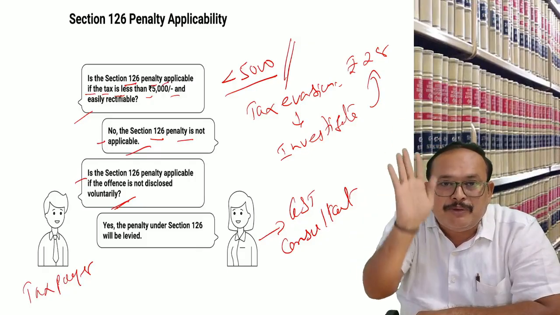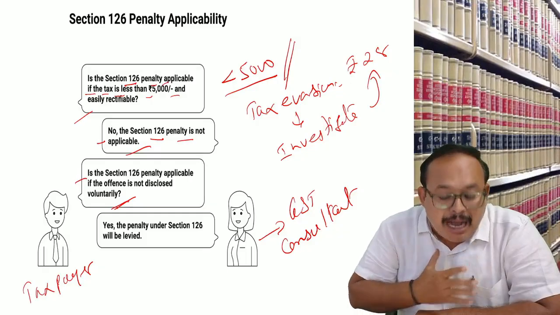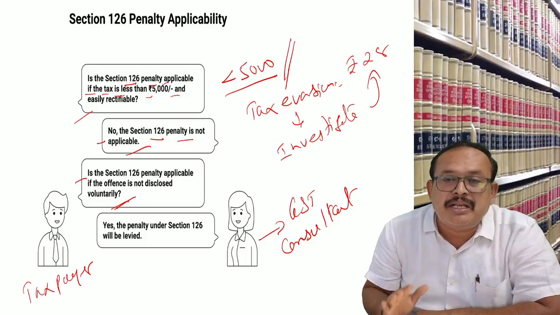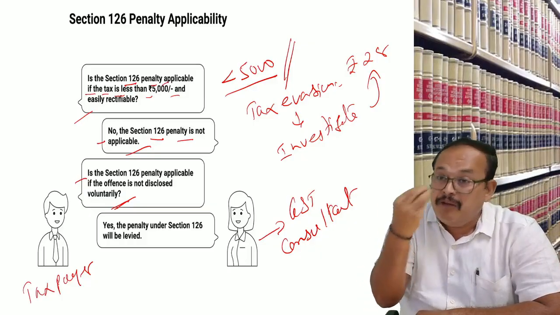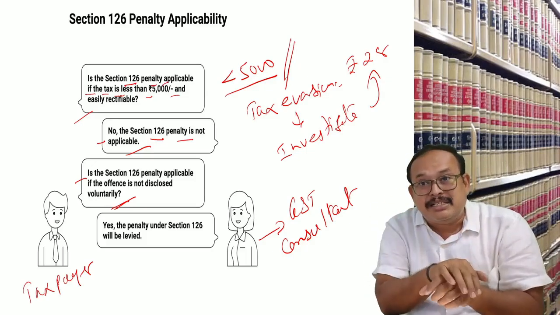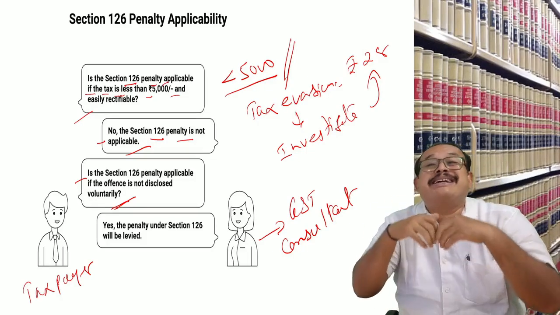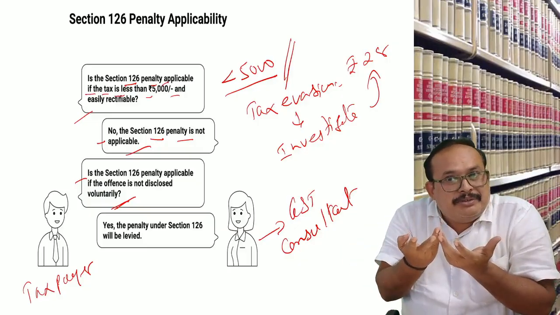Henceforth, in my lifetime, I won't do it. Trust me, I am promising you." I myself disclose to the department that this offense took place, well before the department comes for audit, well before the department goes to investigate it, well before the department goes to detect it. I myself told, I surrendered myself.